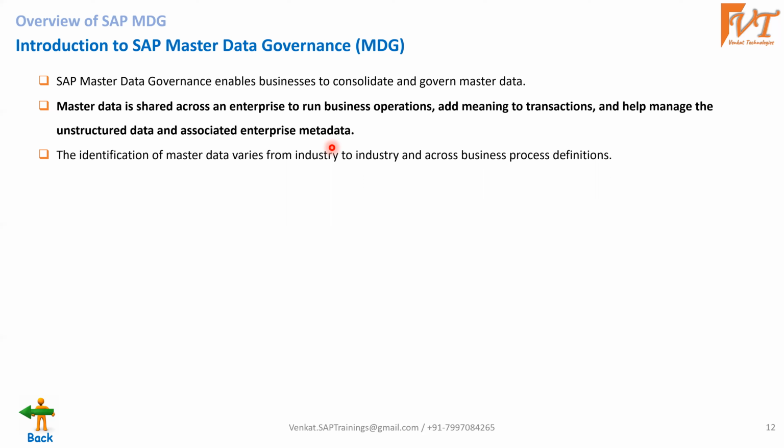Different businesses need different types of master data, but the available master data in SAP will not vary. We have those master data, but each business can choose their required master data.